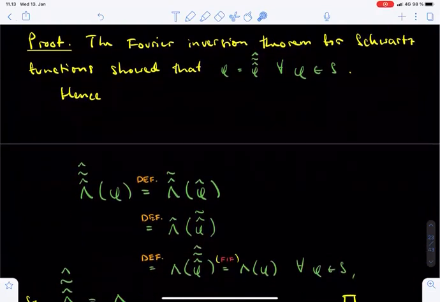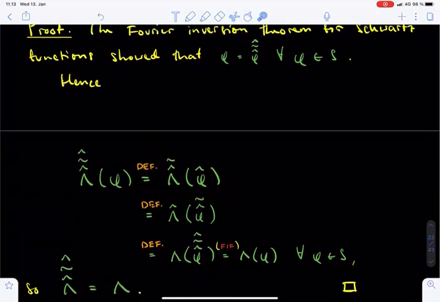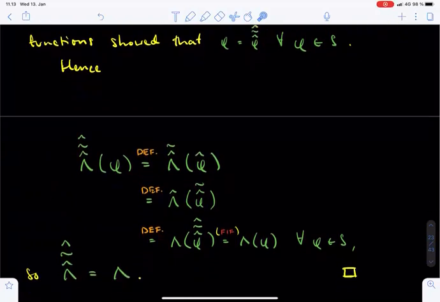Indeed, let phi be a Schwarz function and start with the definition. The Fourier transform of tilde hat lambda evaluated at phi equals, by definition, tilde hat lambda evaluated at hat phi. Next, again by definition, we move the tilde from hat lambda to hat phi. And finally, we use the definition of hat lambda.